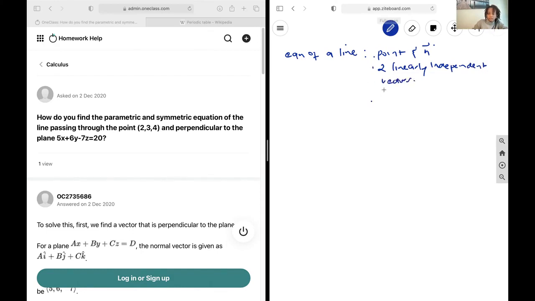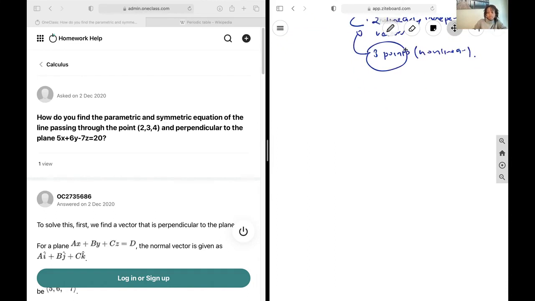And lastly, you could have three points that are noncollinear. And from these three points, you could technically derive two linearly independent vectors, and from those two linearly independent vectors, you could derive a point and its normal.